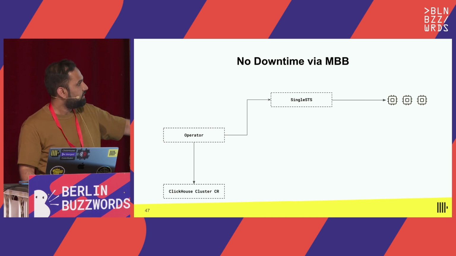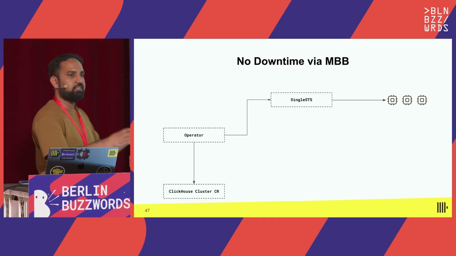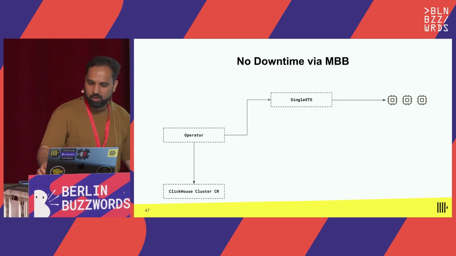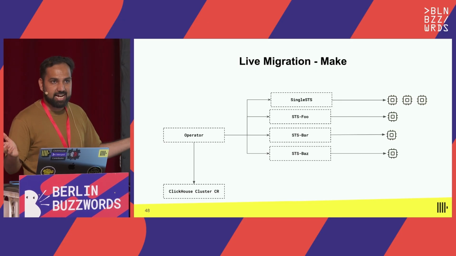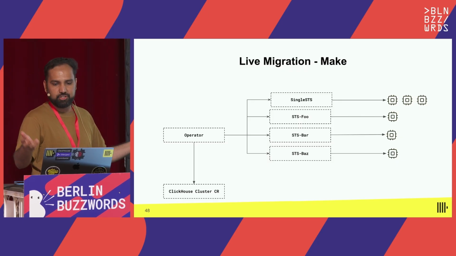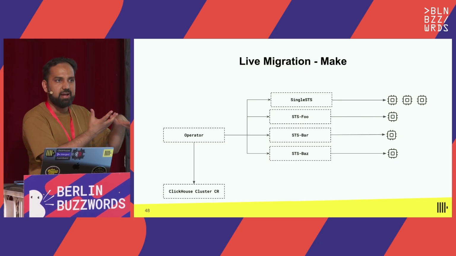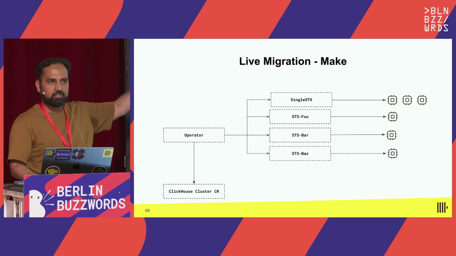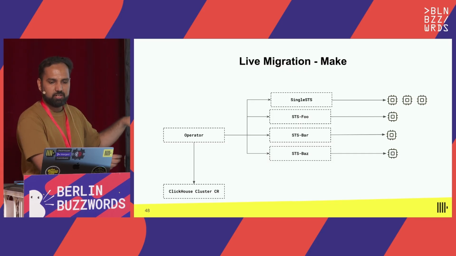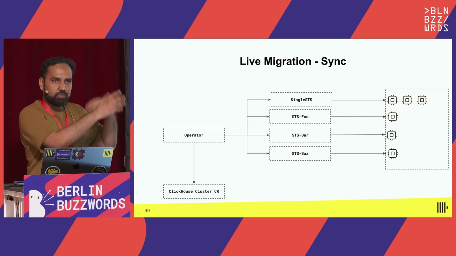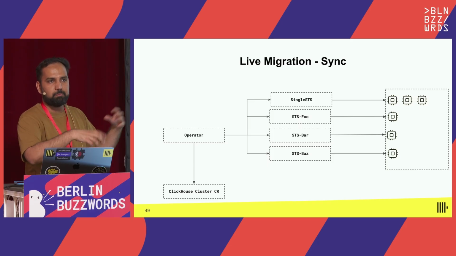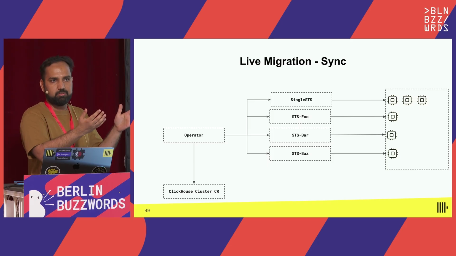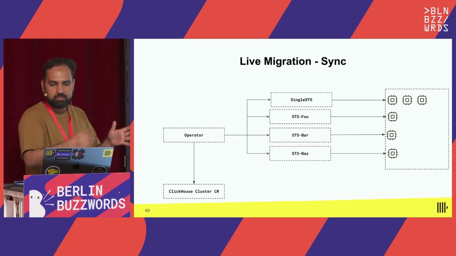So this is the existing picture, right? You have a single stateful set managing 3 pods. What you do is you just add 3 new stateful sets, each in turn managing its own pod. So now you're in a mixed configuration with both single stateful set and multi-stateful set mode. And then you do a synchronization, because all of these 6 pods are part of the cluster. The metadata gets replicated for all the replicas.